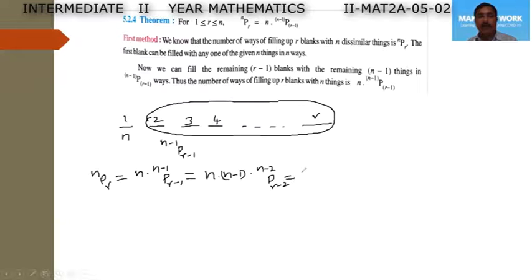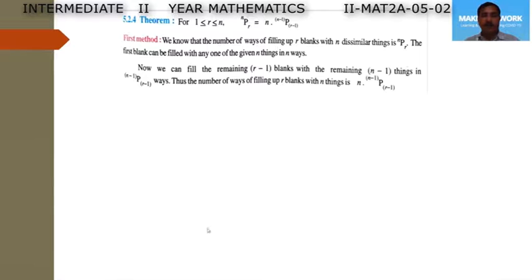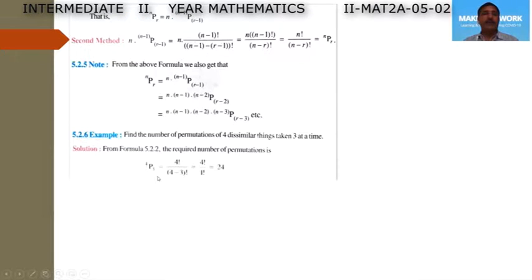So like that, we can go on expressing these values: n × (n−1) × (n−2) × (n−3)P(r−3), like that. This is the meaning of this theorem. And by using the formula nPr = n!/(n−r)!, we can also prove this theorem. This is the proof by the second method, that is, the conventional method.